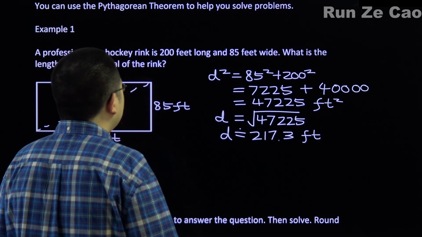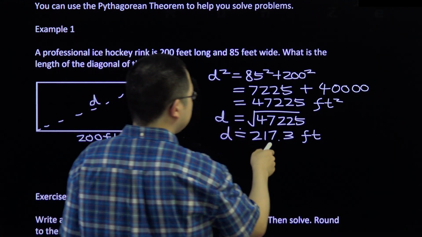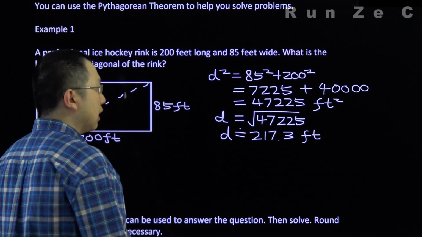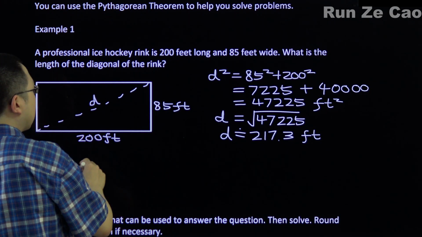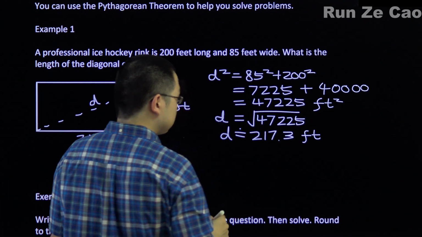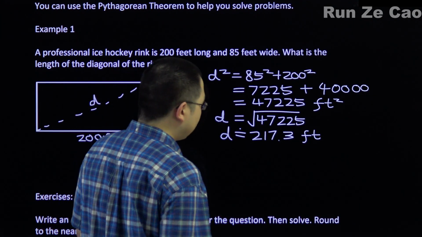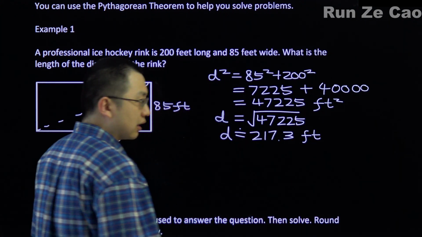So, the question didn't say to round, so we'll keep both of these here. And if we had to put a statement, we would put: the length of the diagonal is the exact value, root 47,225, or approximately 217.3 feet.